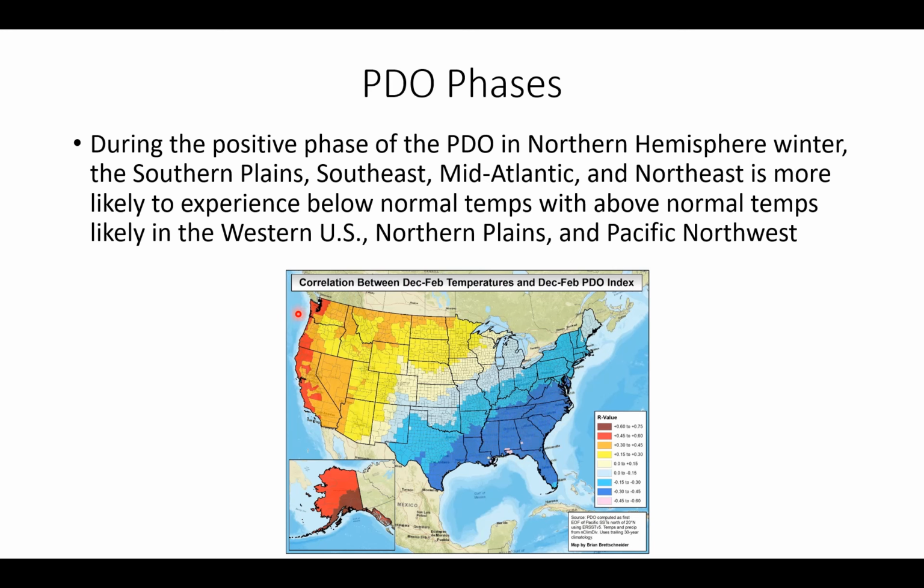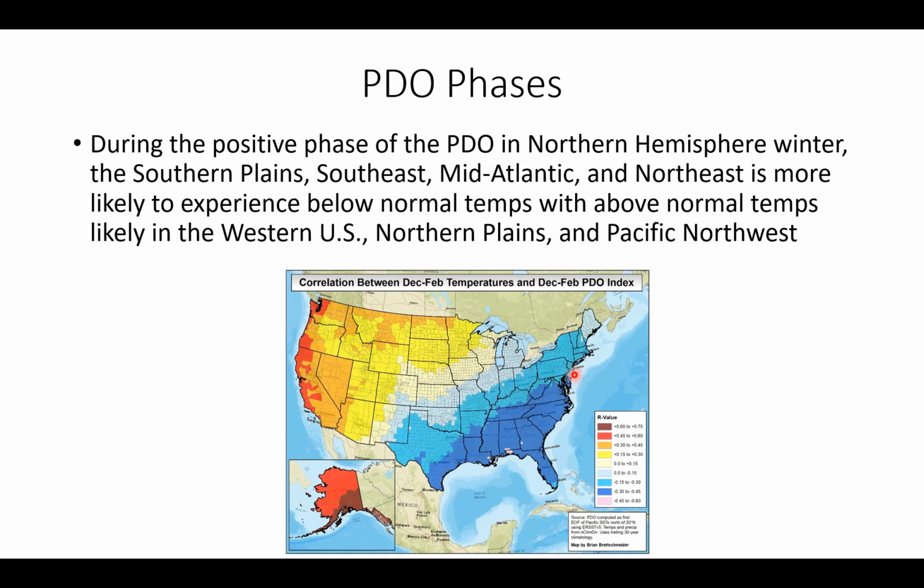And now remember, the positive phase PDO, we have warmer than normal water temperatures off the west coast of North America, specifically the U.S. West Coast in this example. So wouldn't you know it, we see above normal temperatures right next to the above normal sea surface temperatures across California, Oregon, and Washington in a positive phase PDO during the winter season. So all the warmer than normal temps are generally right along the U.S. West Coast when we talk about a positive phase in the PDO.